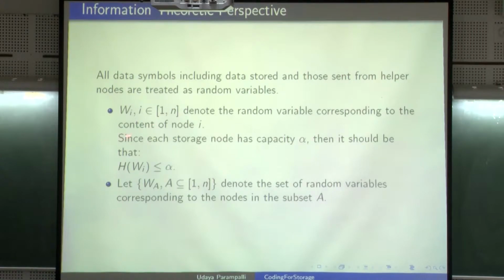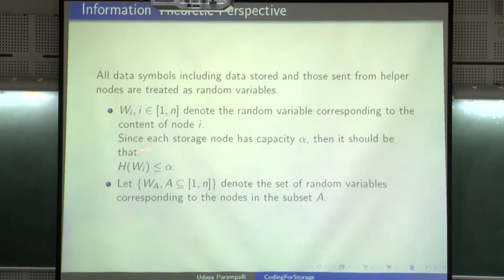Since each storage node has a capacity alpha, it has alpha symbols in it. That is the maximum it can store. So the entropy of that random variable has to be less than or equal to alpha. Is that clear? It is straightforward intuition.